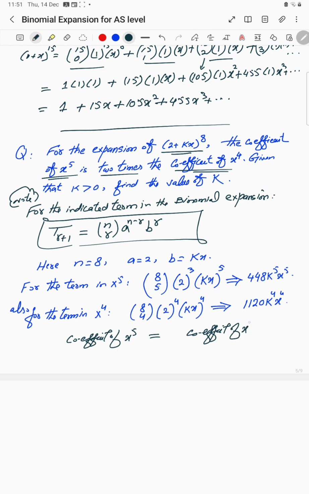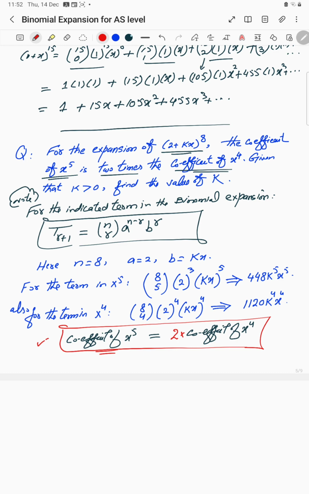In order to equate them, as x^5 is already twice this one, we need to multiply the coefficient of x^4 by 2 to justify the condition that they can be equal to each other, right? Hopefully how I write this one is clear to you all.